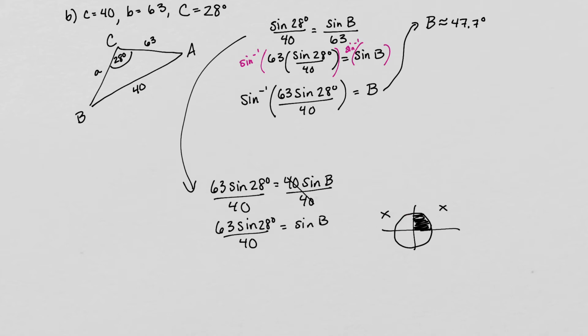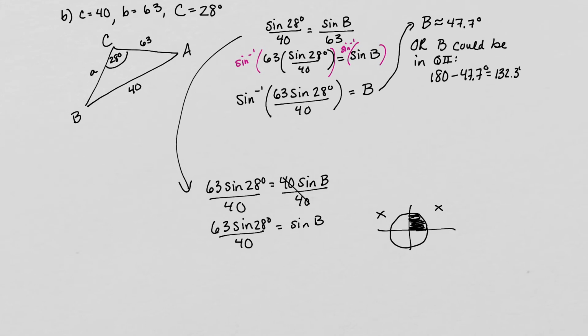So B could end up being 47.7, or B could be in quadrant 2, where it would be 180 minus 47.7 degrees. So B could also be, in this case, 132.3 degrees. So when you do the law of sines and you find an angle, you potentially get two different cases you have to do.